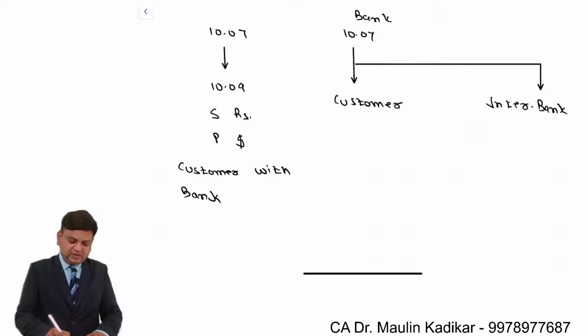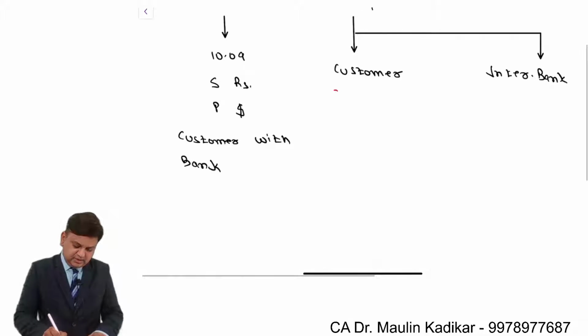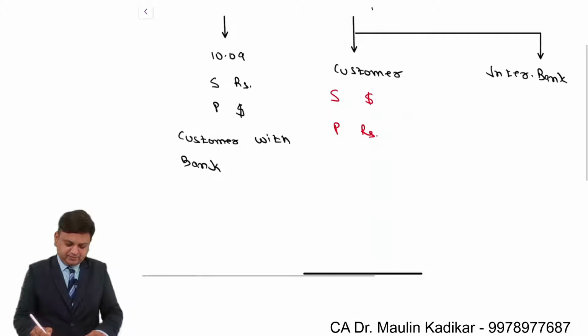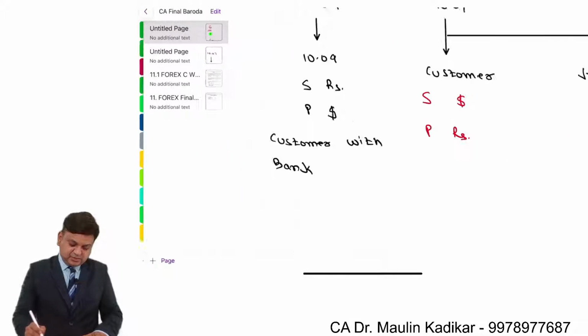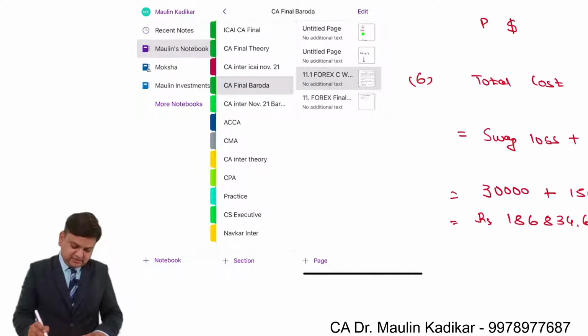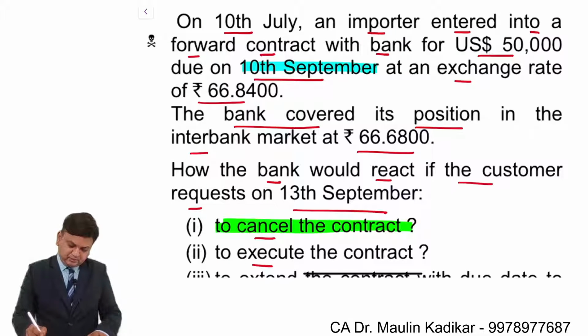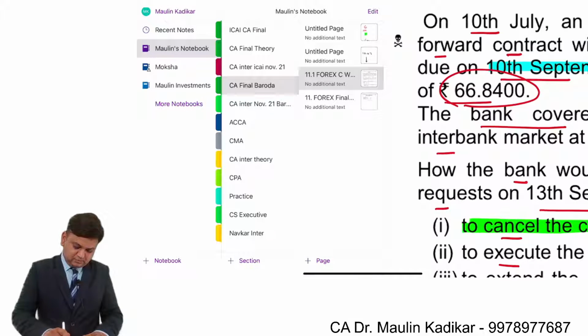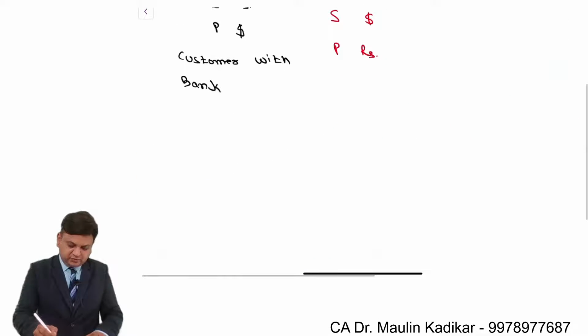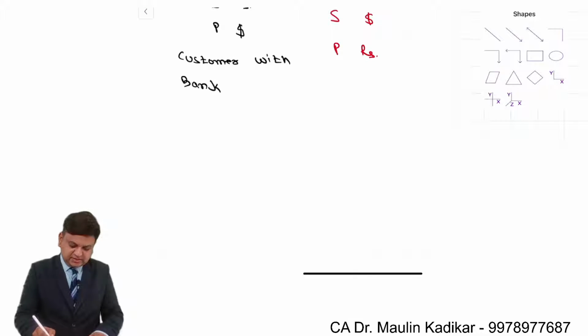Writing all this is voluntary, not mandatory. The transaction with the customer is sell of dollar and purchase of rupees. For that, the exchange rate is 66.84.